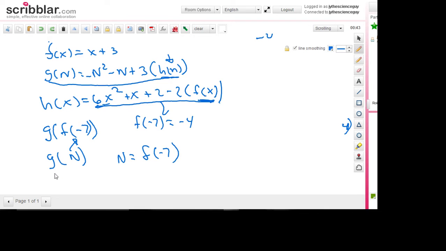So that means this is g of negative 4. Every place I see an n in the g function, I'm going to put a negative 4. So g of negative 4 is equal to negative 4 squared minus negative 4 plus 3 times h of negative 4.